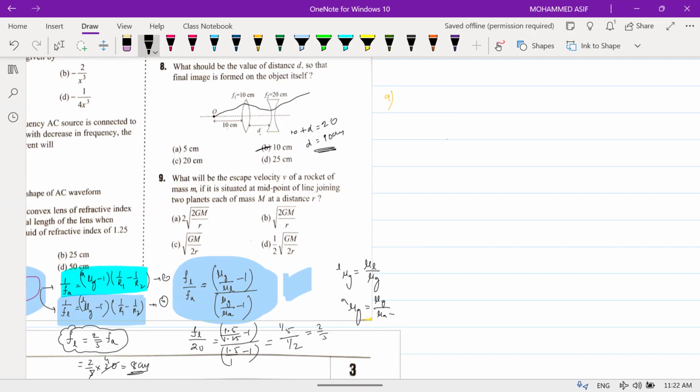Root 8 can be written as 2 root 2. So I can write this as 2 under root of 2 G M divided by r. Done. So which option is matching? 2 times under root of 2 G M divided by r. The first option will be the answer. Okay, sure.